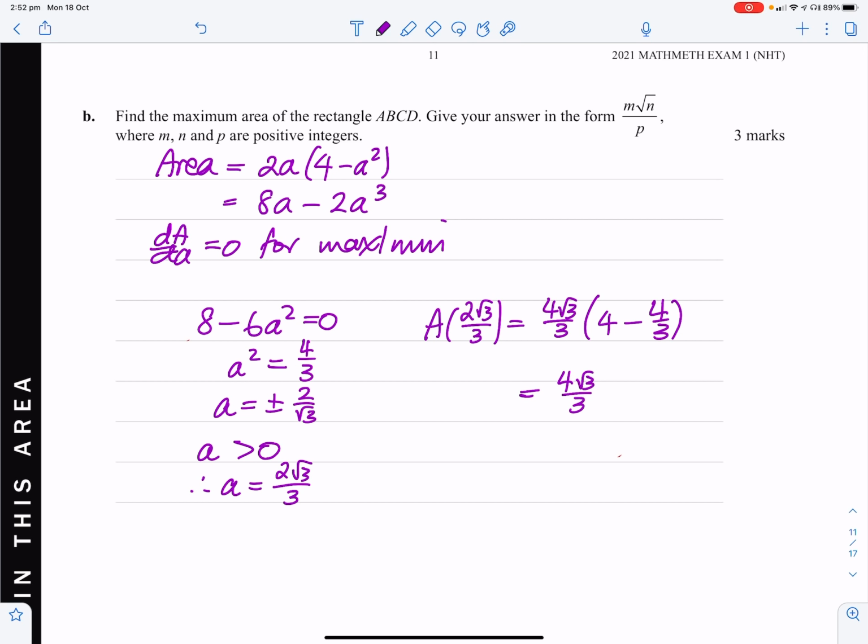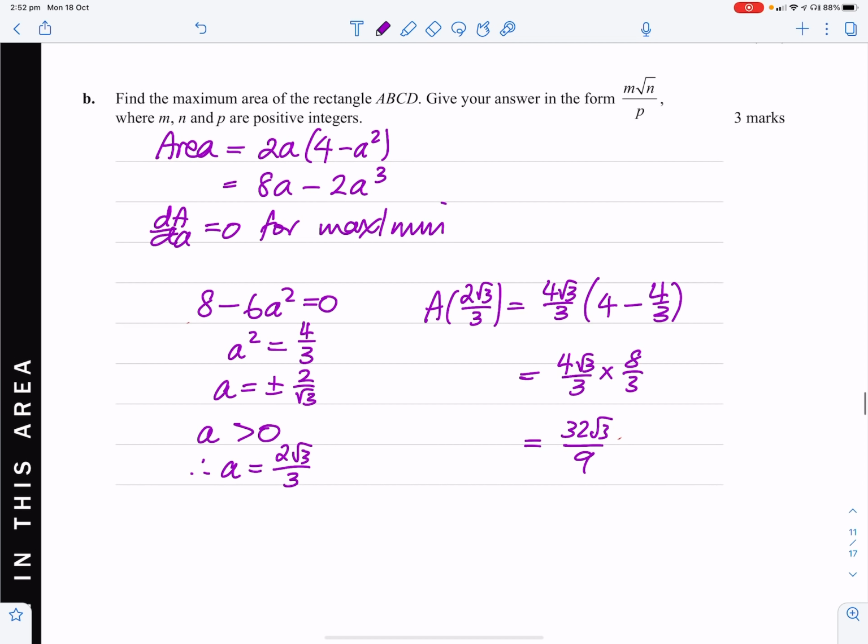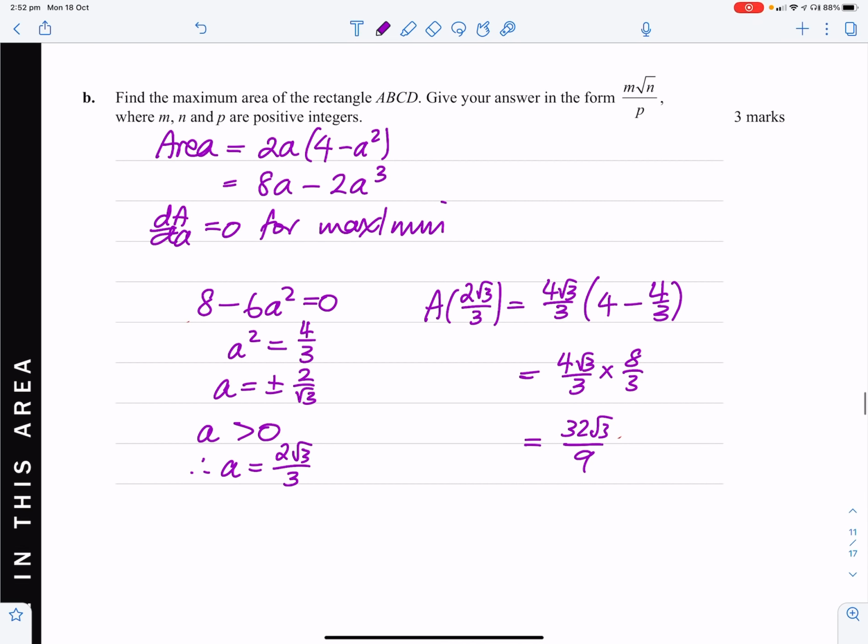No, 12 on 3 minus 4 on 3, which is 8 on 3. So we get 32 root 3 on 9. So here, max area is 32 root 3 on 9.